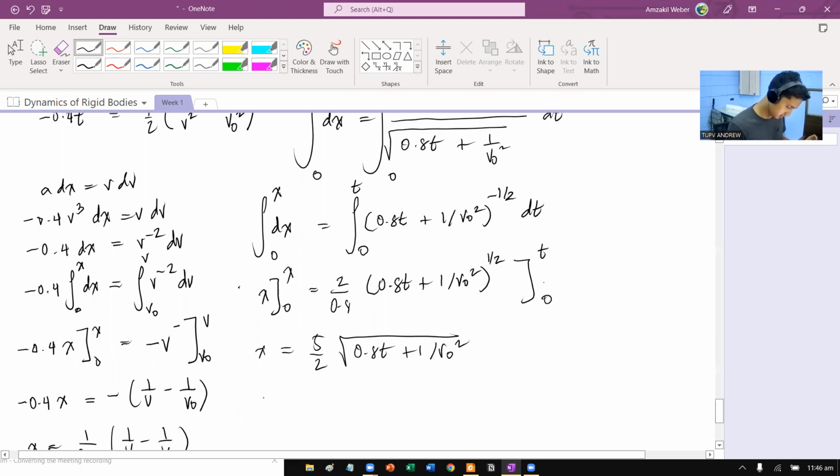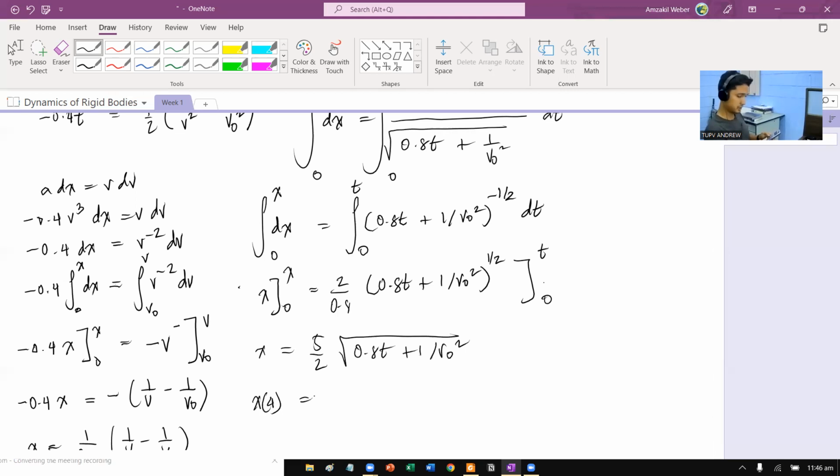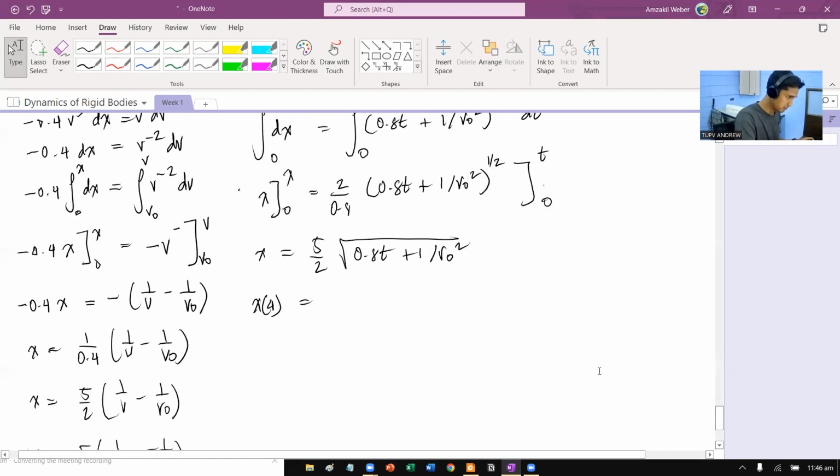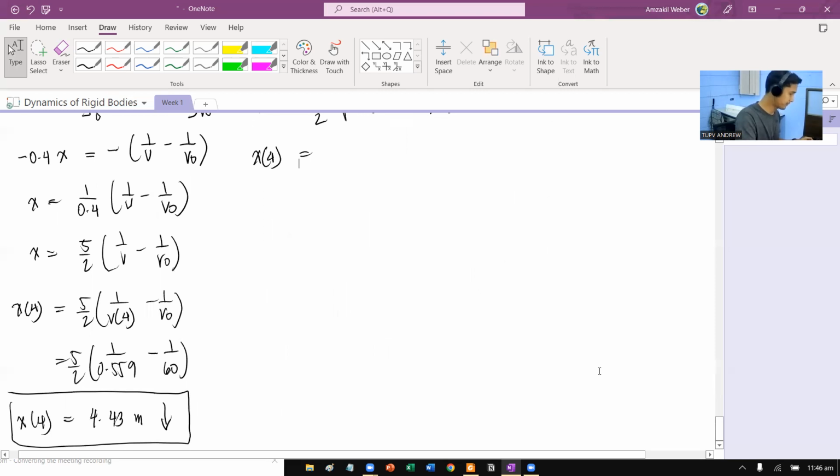Okay, so let's see. It should be 4. 0.8 times 4 plus 1 divided by 60 squared. Square root of that times 5 by 2 is 4.472. So 4.43.